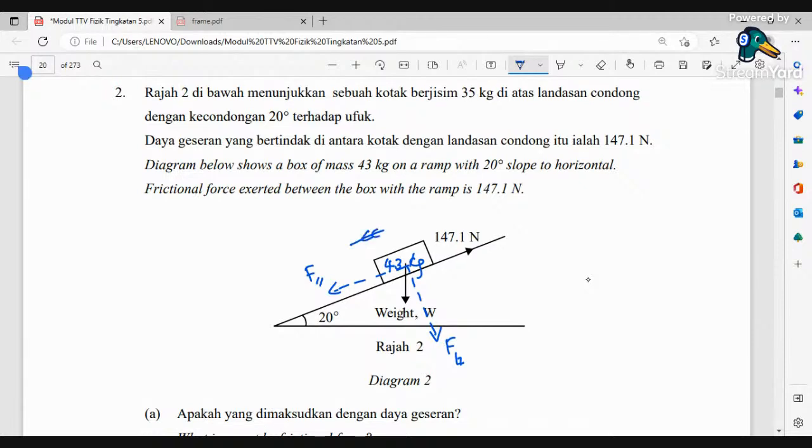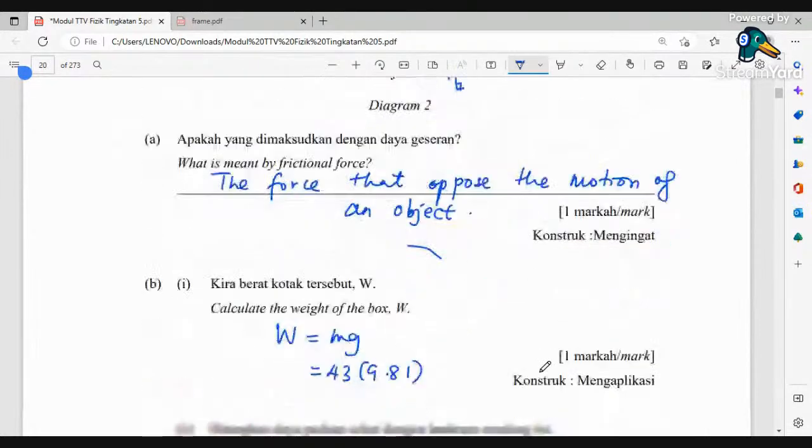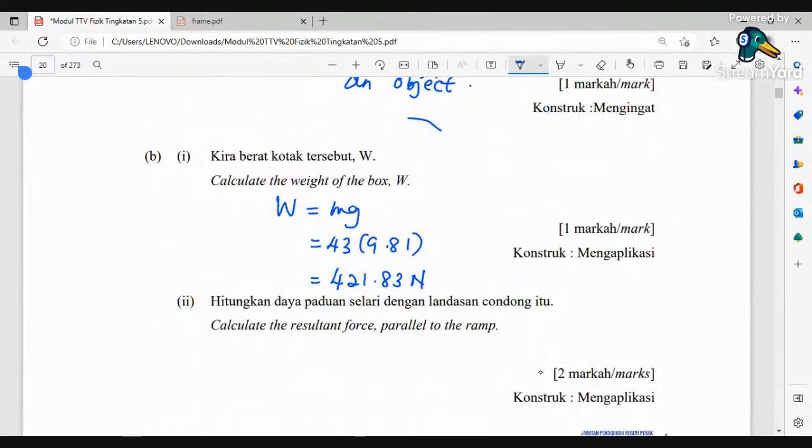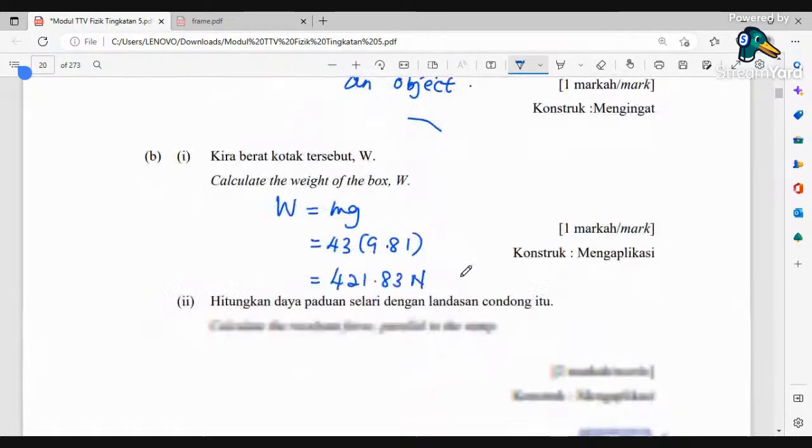The box is moving down because the friction is upwards. So the resultant force for the parallel direction is F parallel minus friction. You want to calculate F parallel first. F parallel is W sine 20.